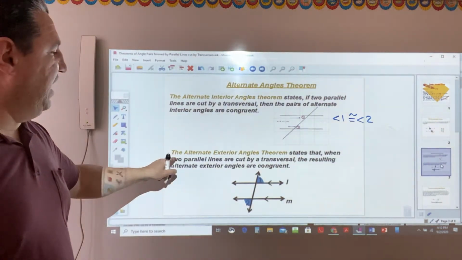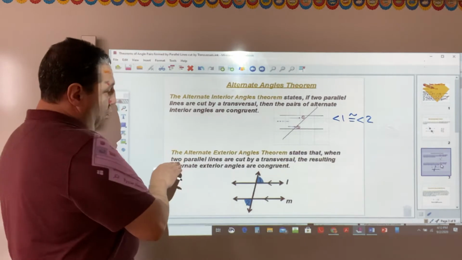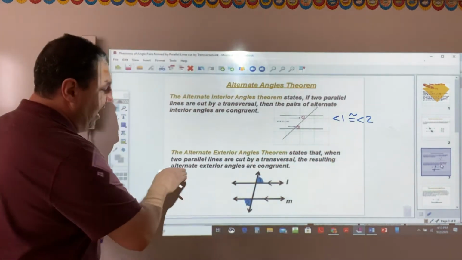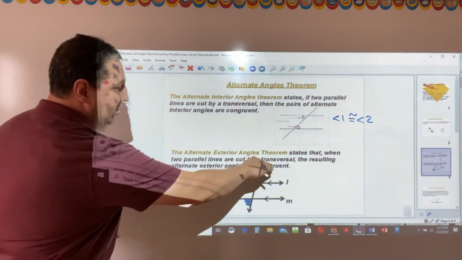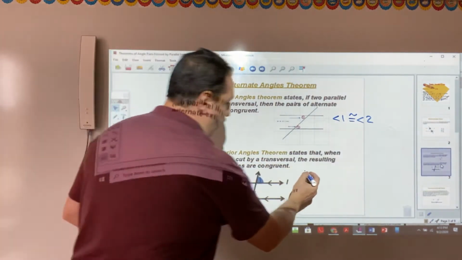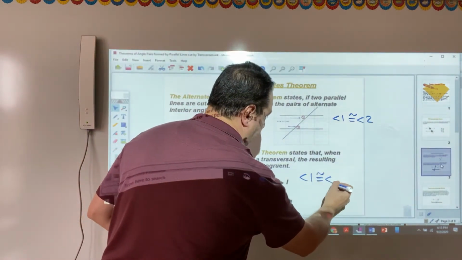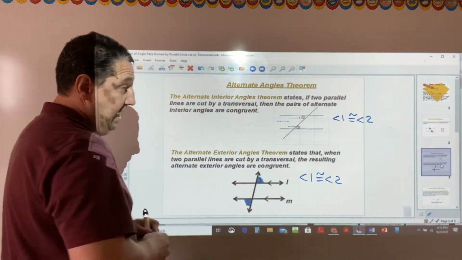Also, the alternate exterior angles theorem states that when two parallel lines are cut by a transversal, then the resulting alternate exterior angles are congruent. So, angle 1 is congruent to angle 2. Good. Next.